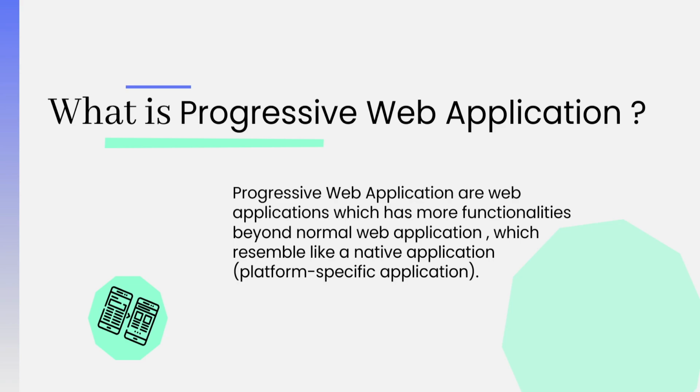Those applications which are specifically built for a platform are called platform specific applications. Progressive web applications feel like native applications, but they are actually normal web applications which have more capabilities, and whatever functionalities are performed by the platform can also be mimicked and used in web applications. So those are called progressive web applications.